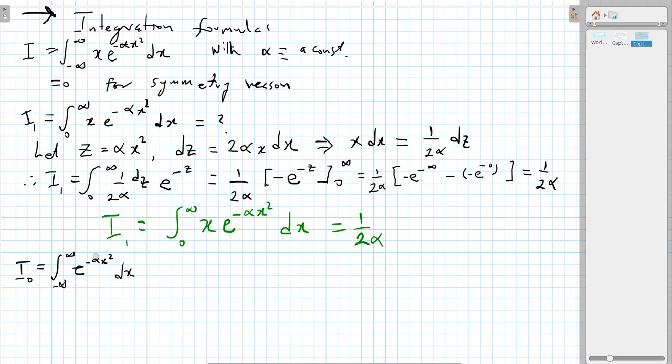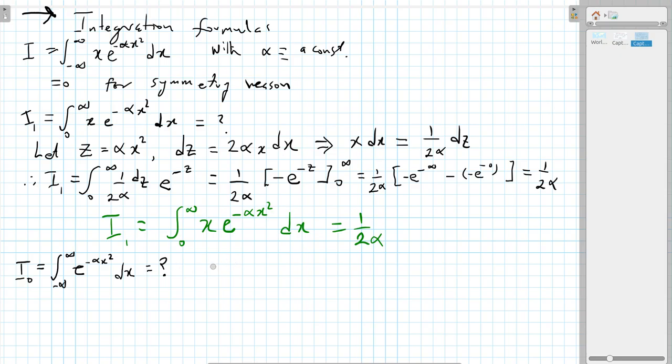So it's like a Gaussian. You can see a Gaussian here with constants, which we can see what they are. So we want to find what the answer for this integration is going to be.